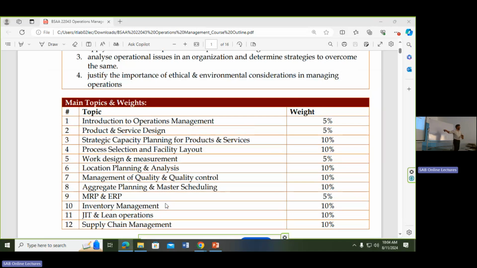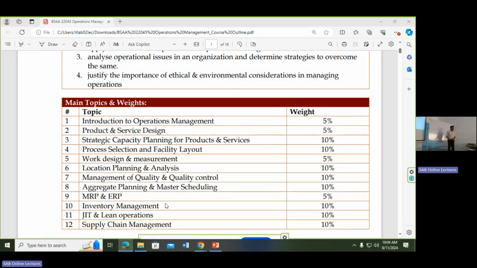Okay, let's try to complete this topic, right? To get an idea. Now, as I told you, we try to study the responsibilities of operations. And those core responsibilities are like this.